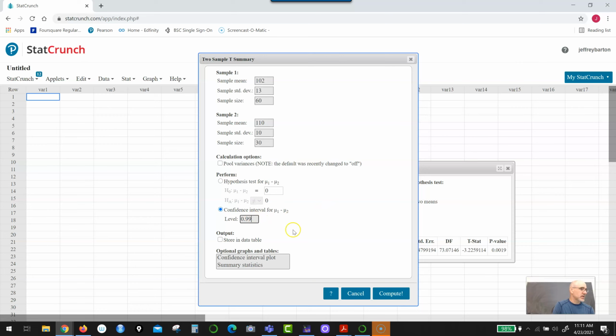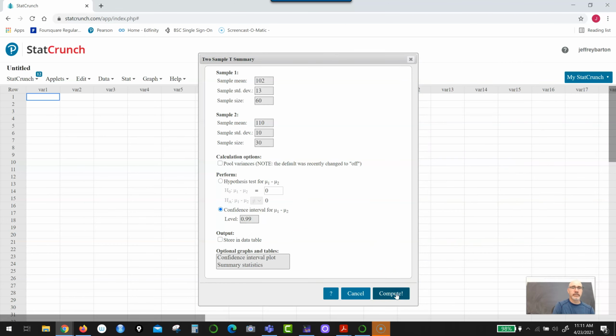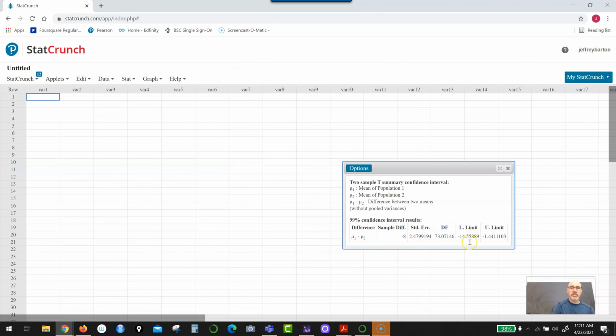So if we take a look at what StatCrunch would produce for the confidence interval, it goes from minus 14.56 to minus 1.44, and that is very slightly different from the minus 14.8 to minus 1.2 that we got using the 29 degrees of freedom to get the critical value.